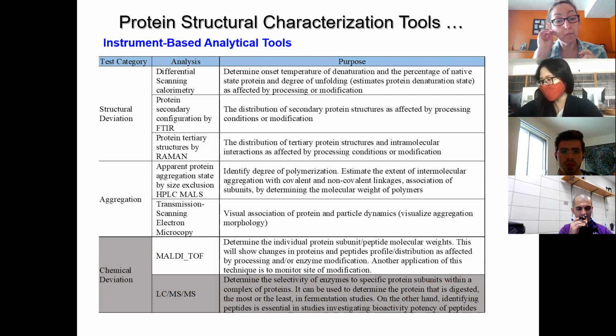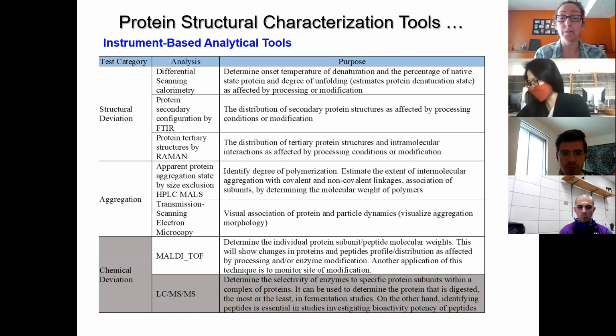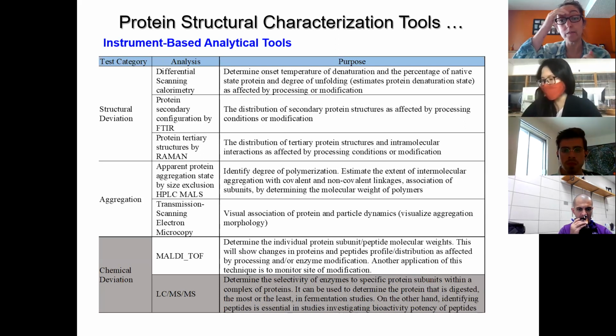LC-MS is used for so many different applications in the proteomics world, but it helps a lot in determining enzyme selectivity if we are looking at hydrolysis using different enzymes.